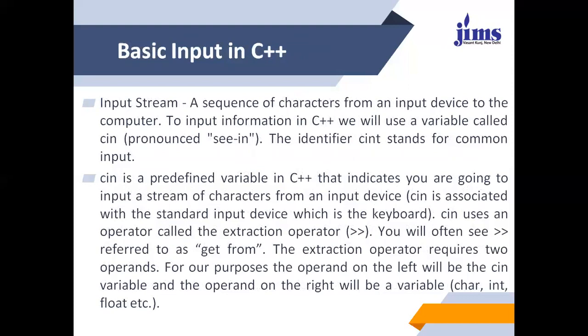Which header file do you have to use in C++? iostream, that is input output stream. Whereas in C you were using stdio, standard input output. In C++ you have to use the iostream header file. With these basic changes, the entire program which you have written in C can be converted into C++.